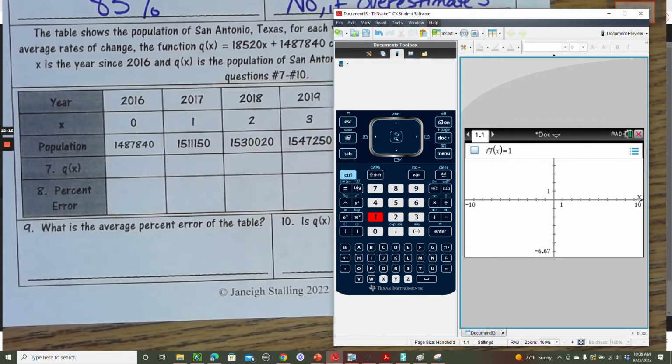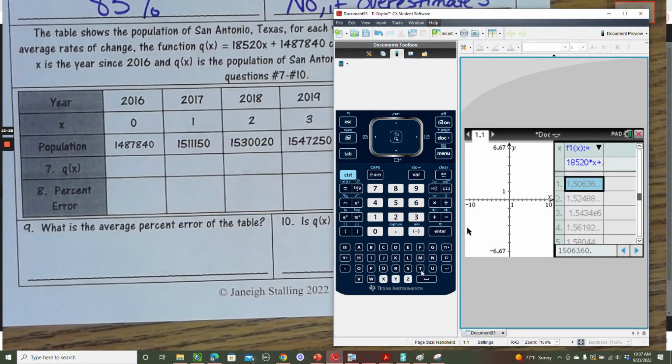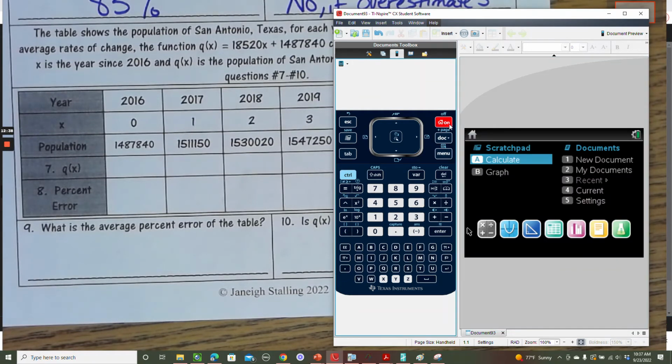So 18,520x plus 1,487,840. If you look at this table, you see how you get these e's in there? You can't do anything with those e's. So you cannot do this one on the graph. You have to do this one on the calculator side.